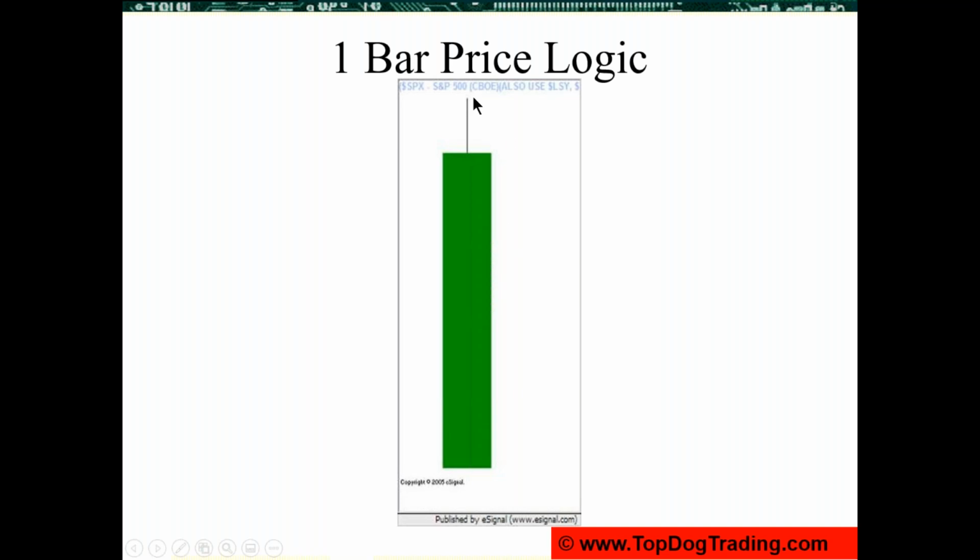That's number one. The second part of how we interpret the bar is where the open is and where the close is in relation to the open. Where the bar closes is where the market consensus is.